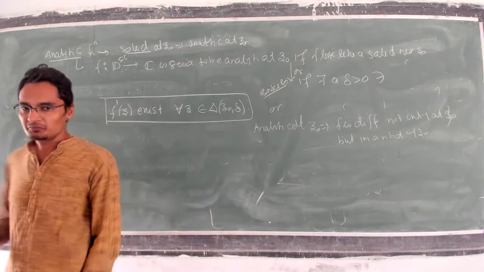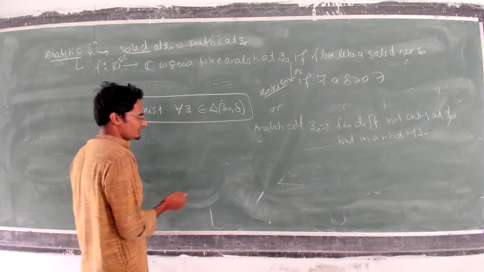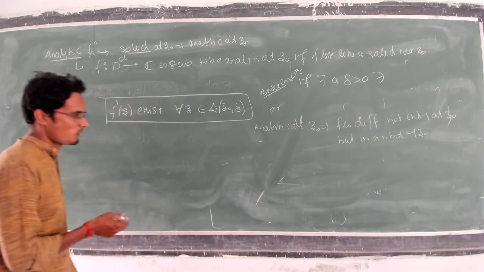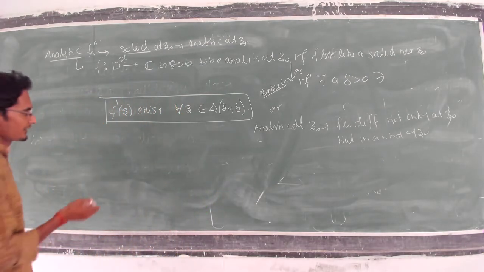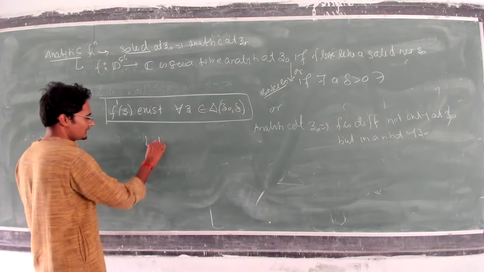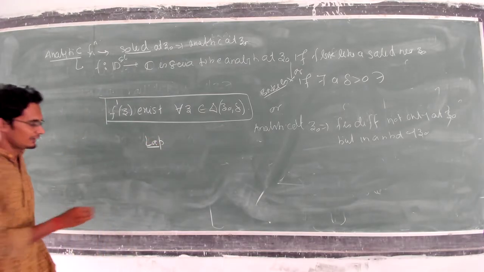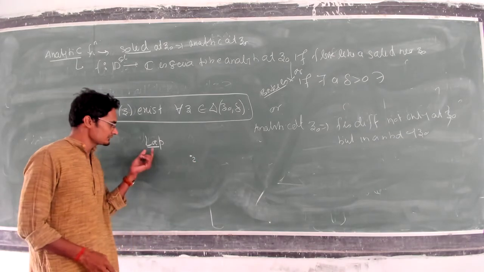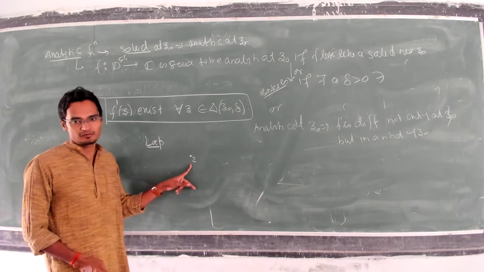So whenever you have to check, suppose this is a laptop, and this is a point, suppose 2. I am checking whether my laptop is analytic at this point or not.